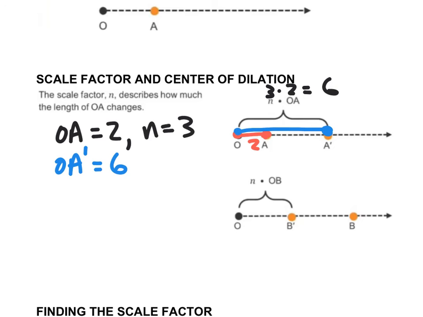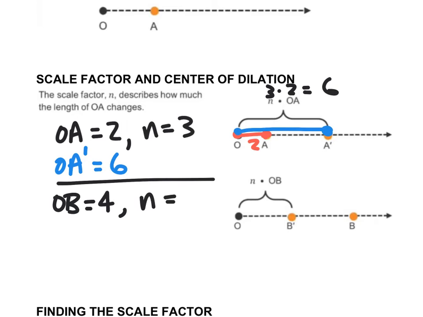Now, we can also do something where it gets smaller, okay? Down here, let's say that OB is a length of 4, okay? And let's say that our scale factor has a value of 1/2, okay? So what I'm going to do here is take the original length of OB, okay?